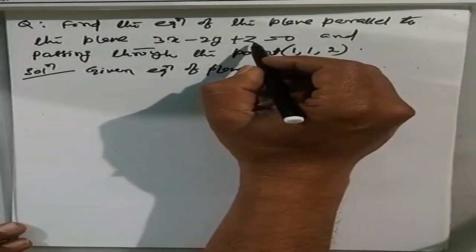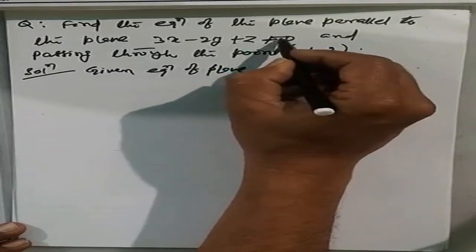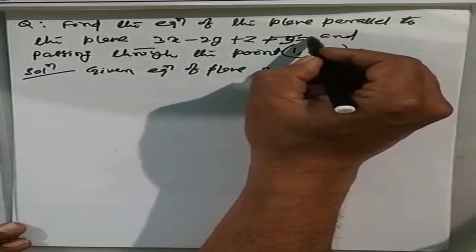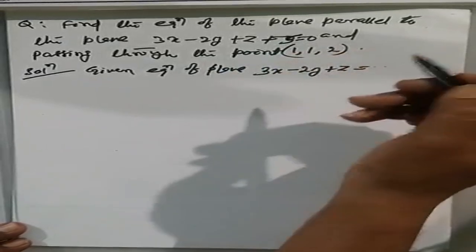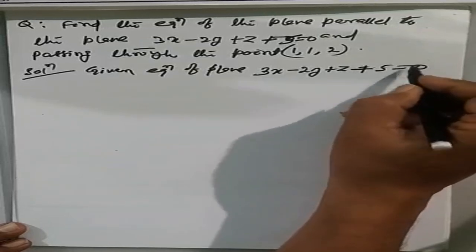Here I think, yeah, plus 5 is there. So correction in the question: z plus 5 is equal to 0.